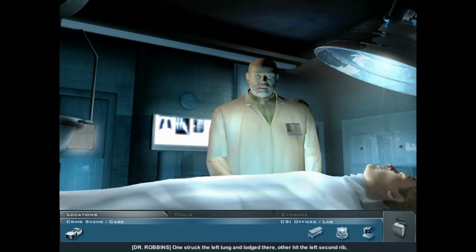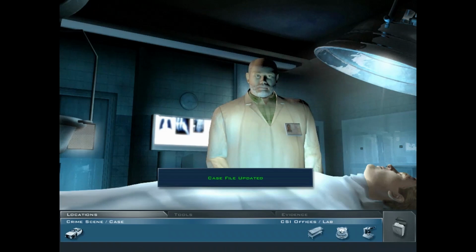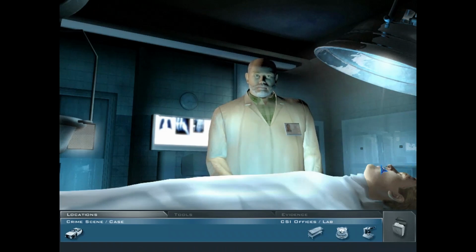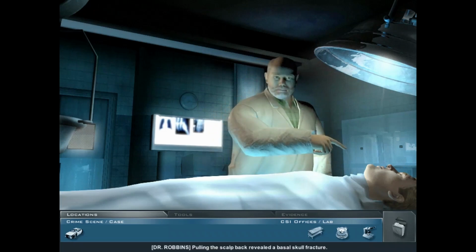Other hit the left second rib, deflected down through the stomach into the upper intestines. We recovered both rounds. Pretty recent. There's some early rigor mortis, I'd say no more than 3 or 4 hours ago. Pulling the scalp back revealed a basal skull fracture. Combined with conjunctival hemorrhaging, we have a forceful blow to the head. Hard, slender object like an iron rod.